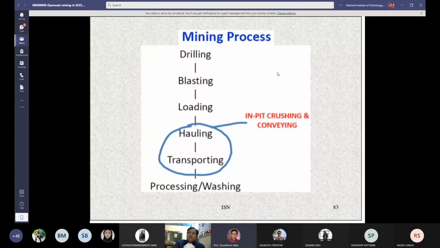So there is another method of mining, which is called in-pit crossing and conveying. What is in-pit crossing and conveying? In the case of in-pit crossing and conveying, you have to drill the material, you have to blast the material.